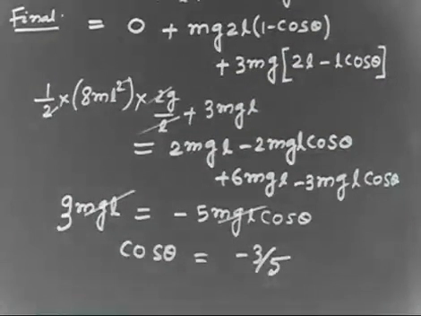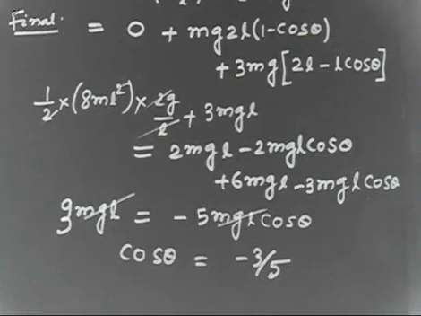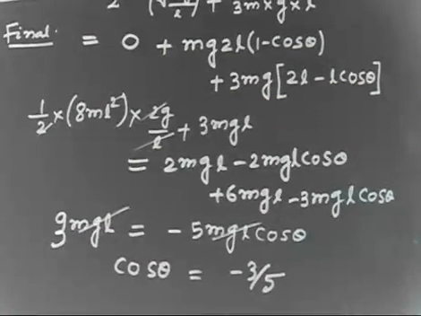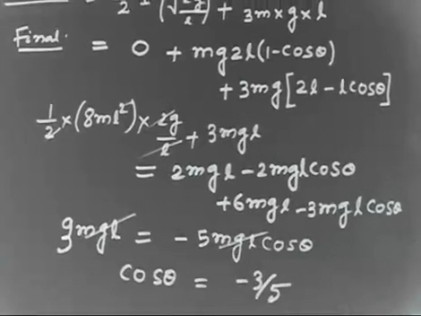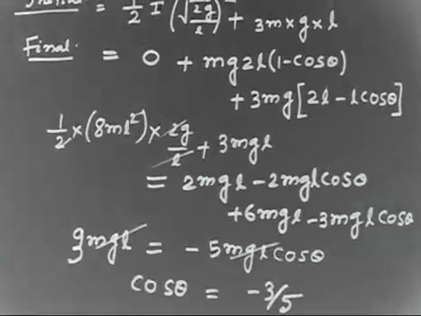So what the minus sign says is that this angle must be greater than 90, because I am getting a negative value. So let us just copy this one and then we'll write. Those who have not written, please copy.